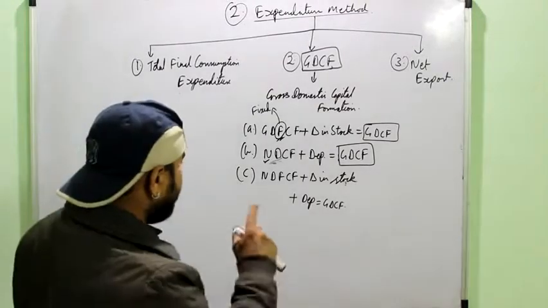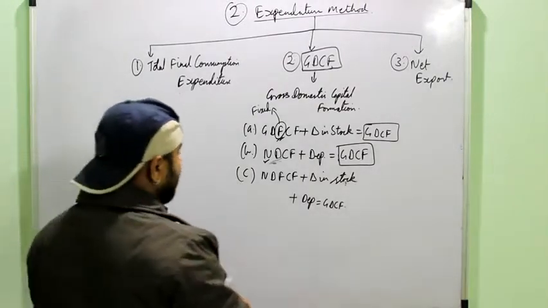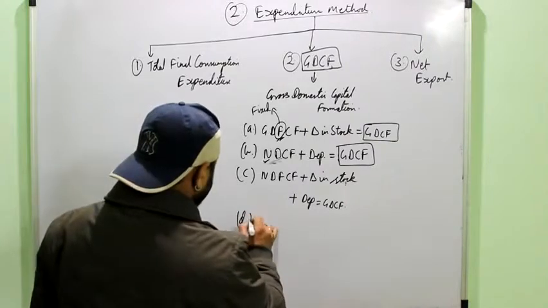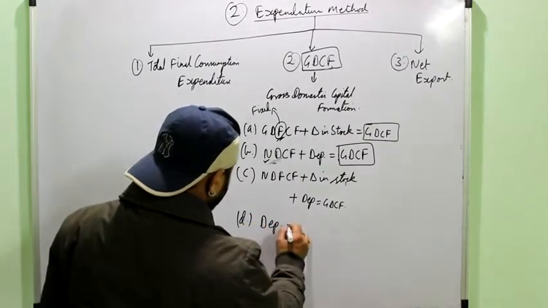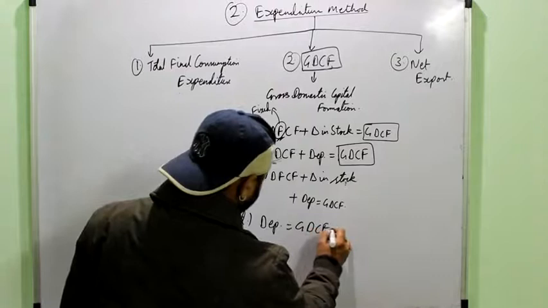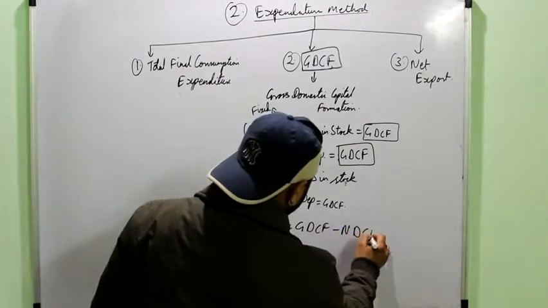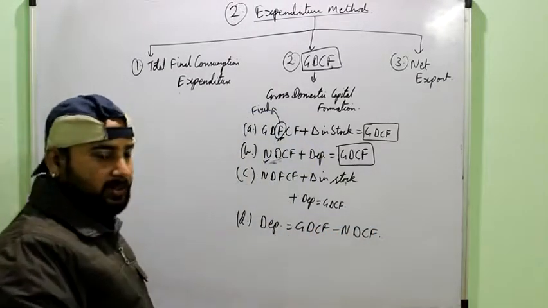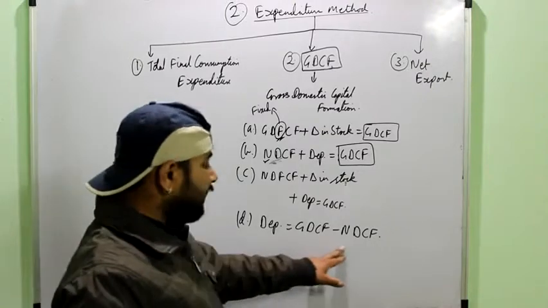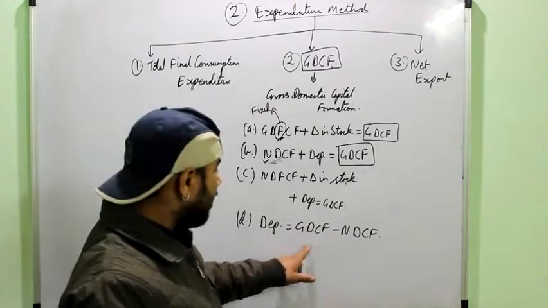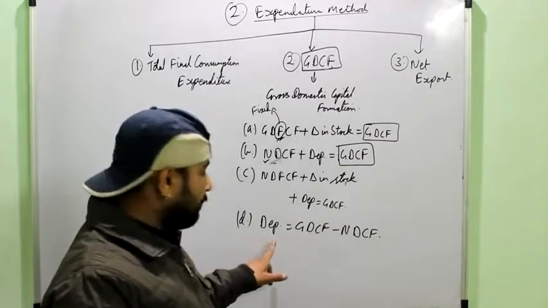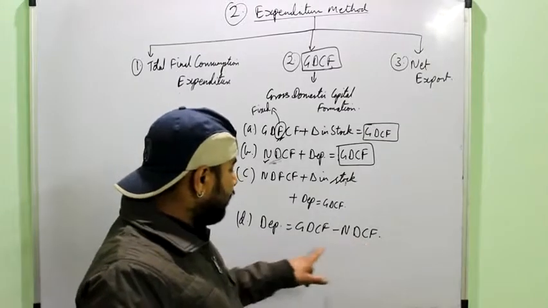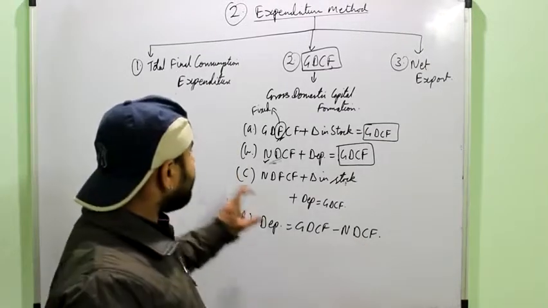One more important thing we can understand is that depreciation is equal to GDCF minus NDCF. In some questions GDCF and NDCF might be given to you, so in that case you can calculate depreciation simply by subtracting NDCF from GDCF.